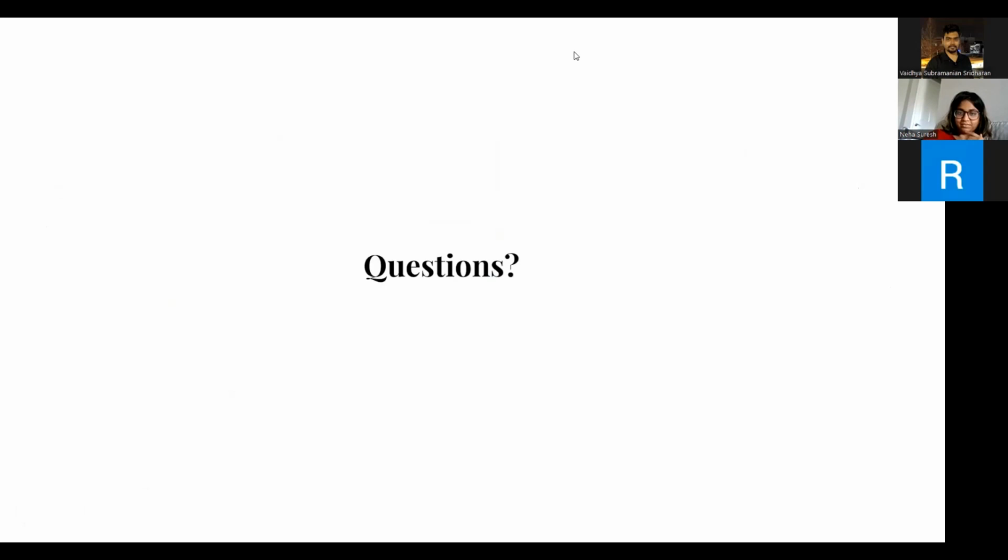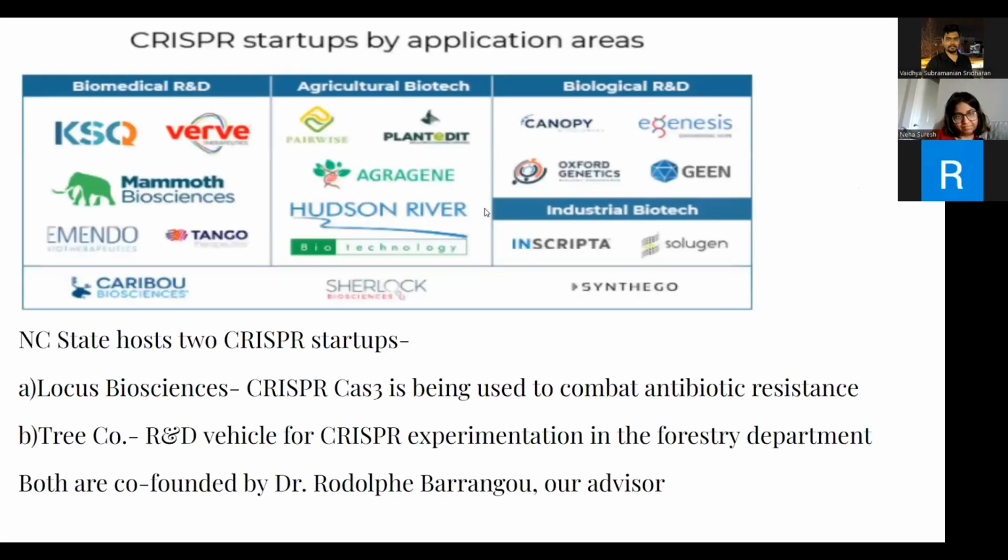Can you go back to the last slide? Okay. So we have a lot of genetically modified crops, right? The cotton, the brinjal, the eggplant, and all of that. That's interesting. So how will gene editing work? Can you give me an example?